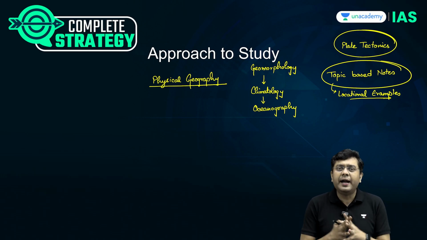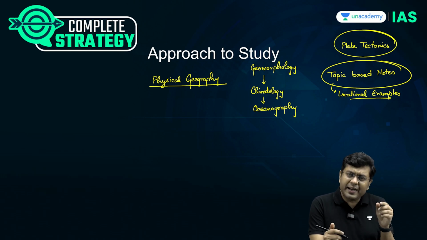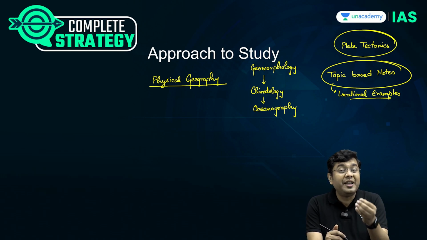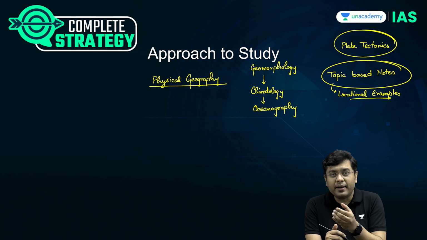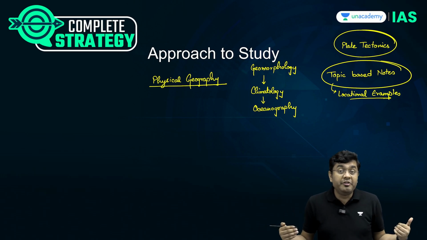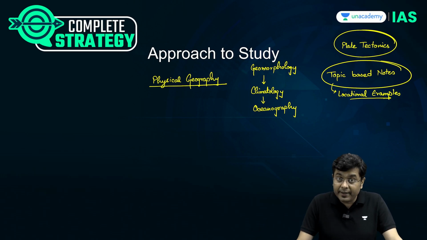By the end of the entirety of physical geography, you will find that you not only have gained an idea about the world, but you have developed a concept in such a manner that now you have the ability to create a 50-word writing for any topic, but at the same time, if need be, around 250-word writing on the same content. That should be the aim.